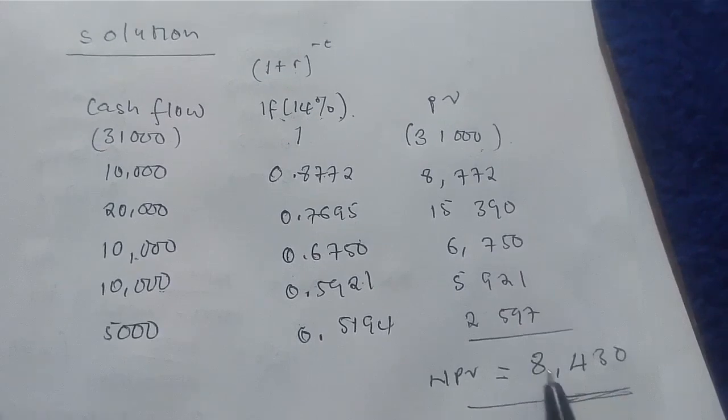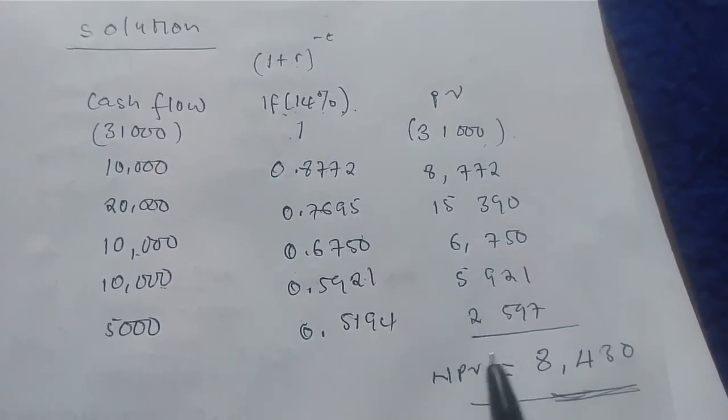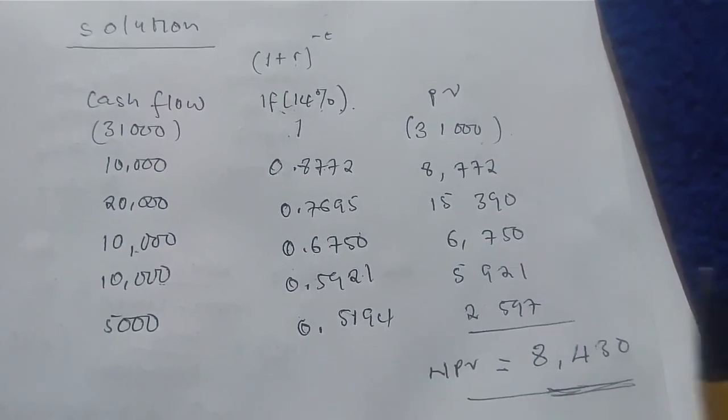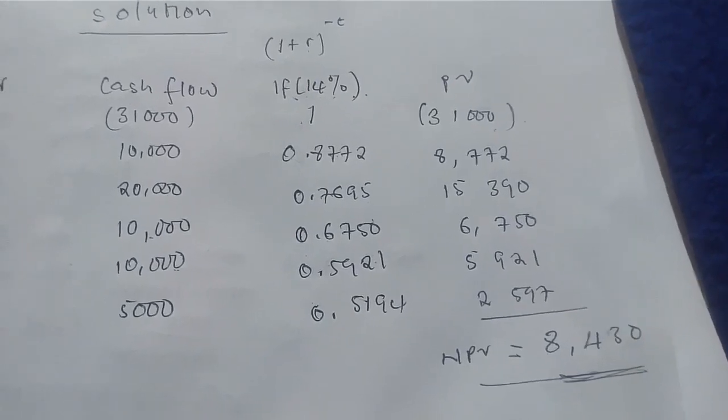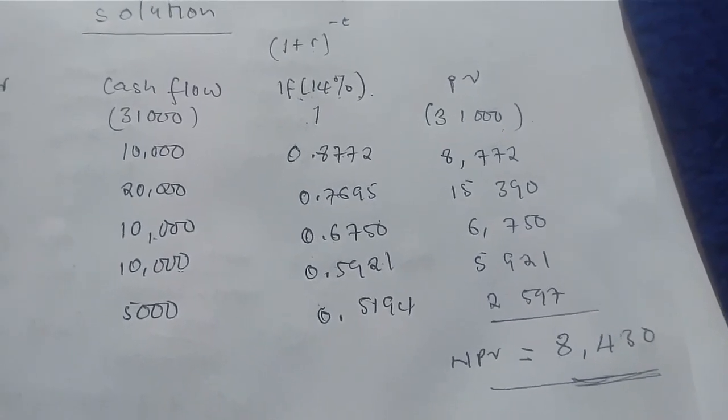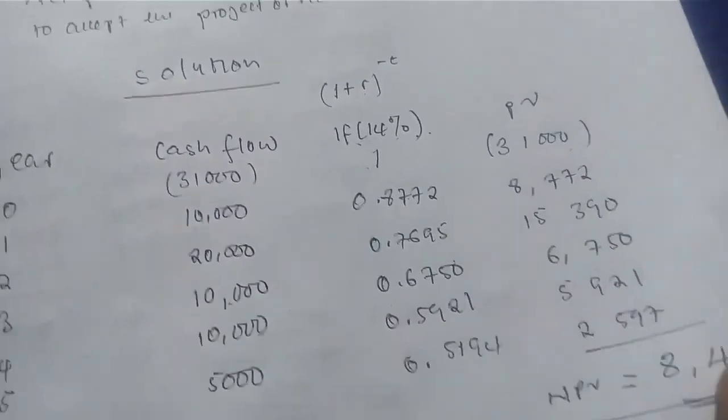Then after we find the negative value, we do the interpolation. That's how we find the internal rate of return. So let's begin the trial and error approach.